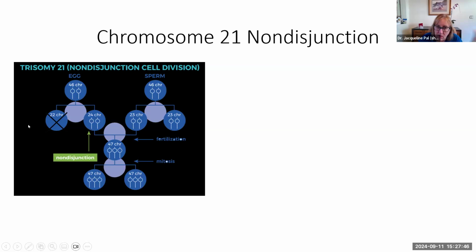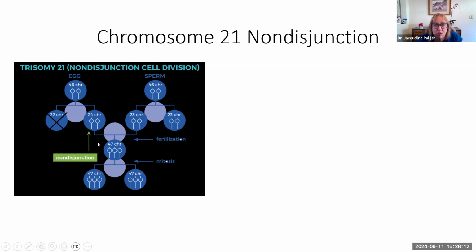She had cells that had 23 chromosomes. They did not fertilize, but here the sperm chose to fertilize a cell that had 24 chromosomes, and the extra chromosome was an extra copy of chromosome number 21. And so the baby has 47 chromosomes.